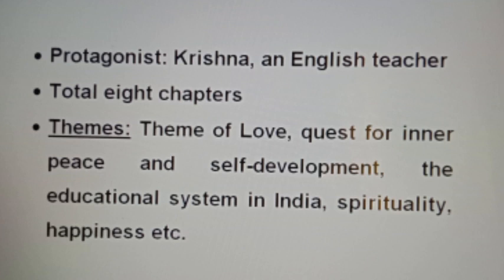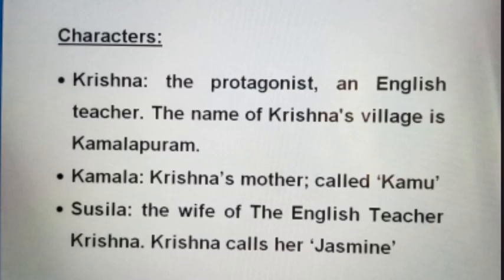Now let's analyze the characters. Of course, the first one, Krishna, is the protagonist. He is an English teacher. The name of Krishna's village is Kamalapura. Next character is Kamala.